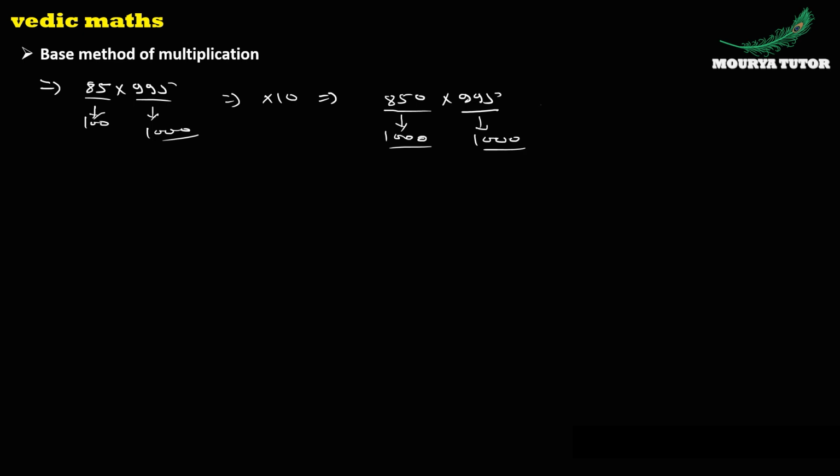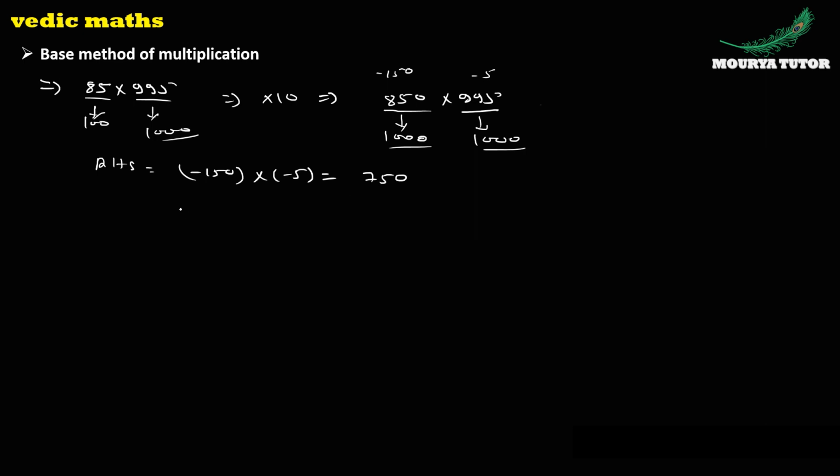Right, now let's find out the answer for this. So the differences will be minus 150 and minus 5. Right, let's find out the RHS. RHS will be minus 150 into minus 5. So you will get 750.